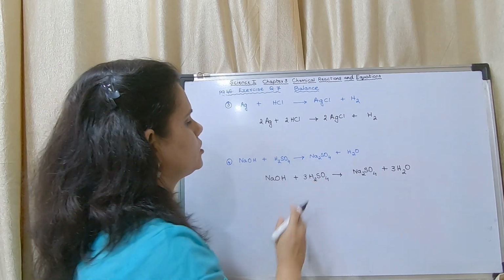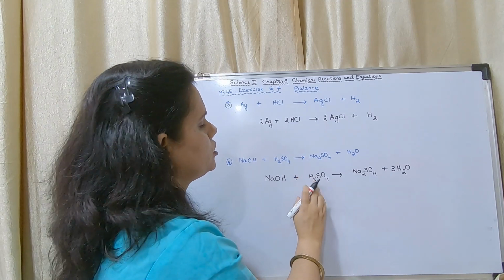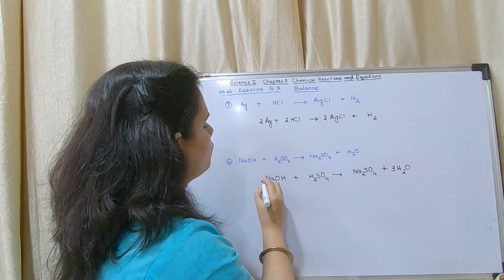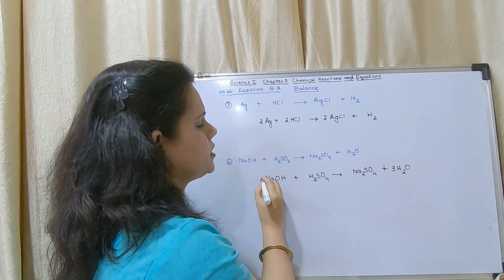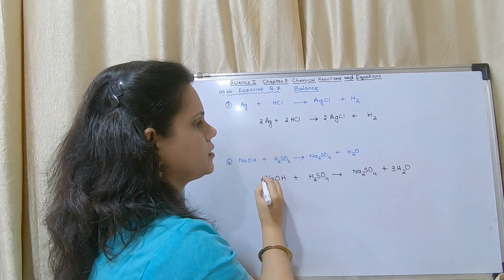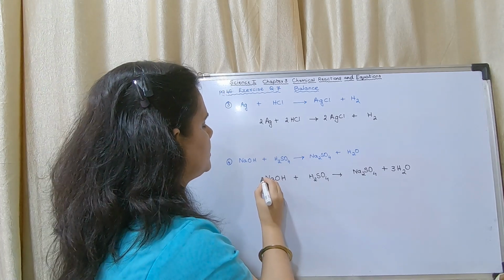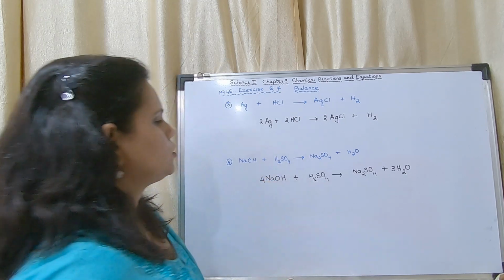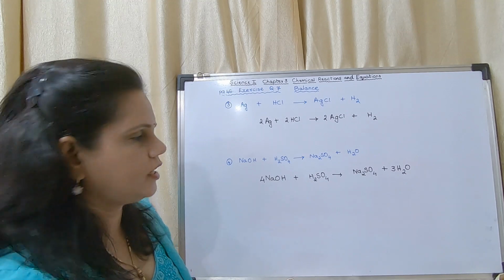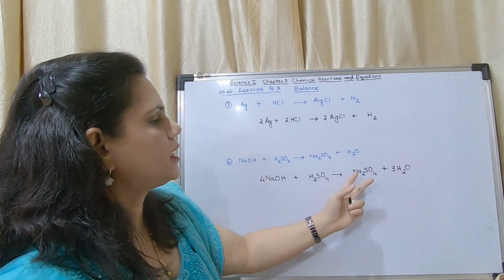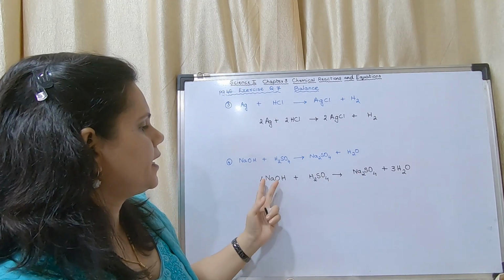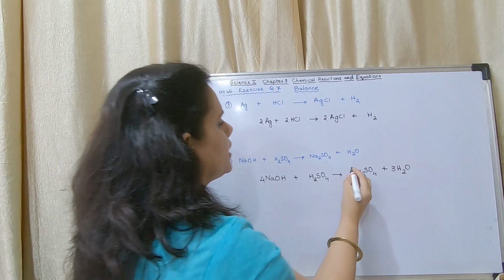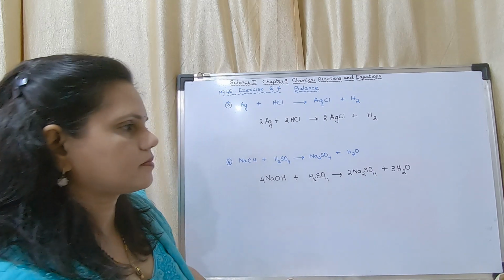Sorry, here hydrogen is 2. Here which number will I put? I will put a 3 here. So 2 plus 4 actually. So 4 will make it NaOH, 2 hydrogen. But what has happened to Na? Na has become 4 and here it is only 2. So what will I do? I will put a 2 here.